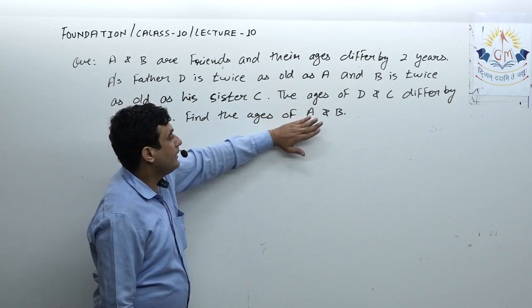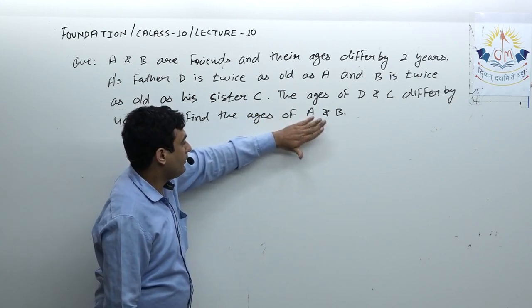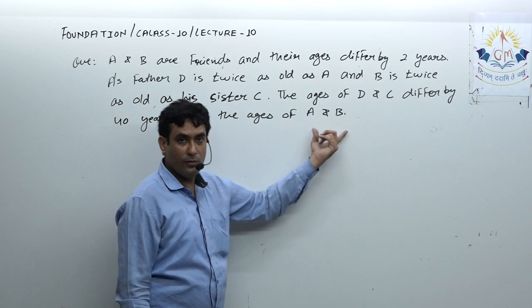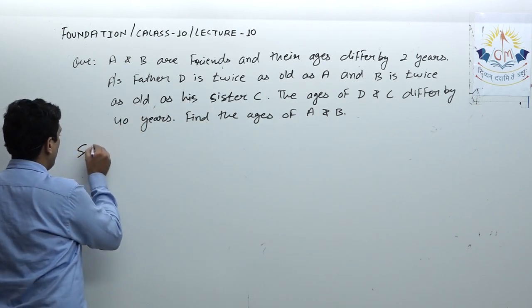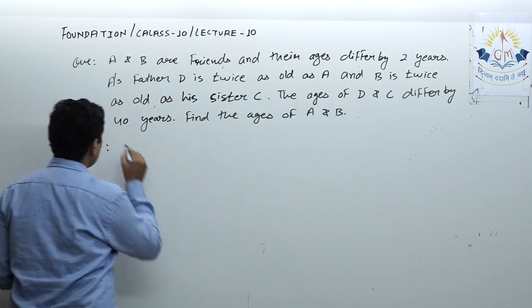Then we get the ages of D and C with the help of the ages of A and B, and we obtain the second equation. So let us see how to solve this.